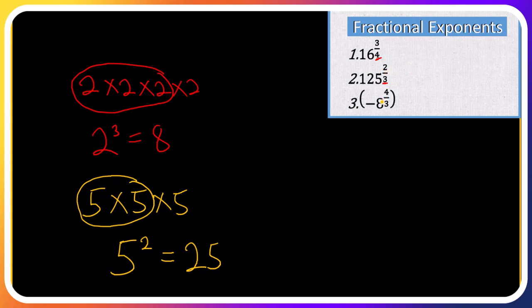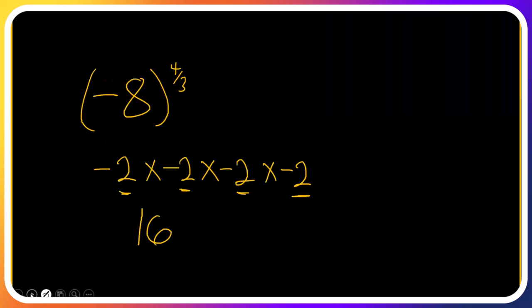But what we normally see in our textbooks is when we are given 16 raised to the power 3/4, we see it expressed as 16 to the 4th root, all raised to 3.